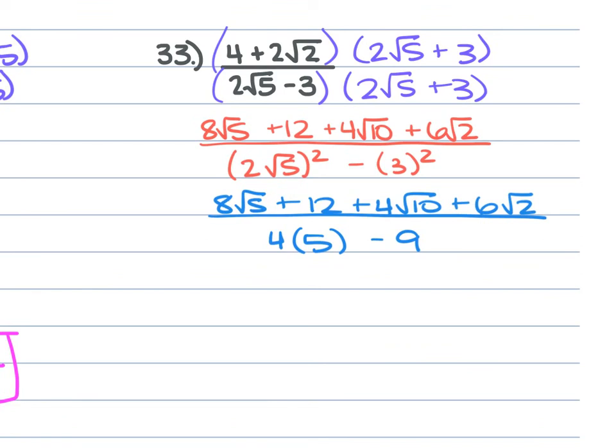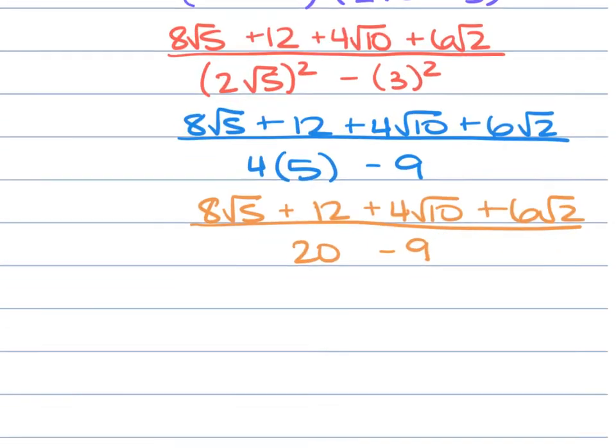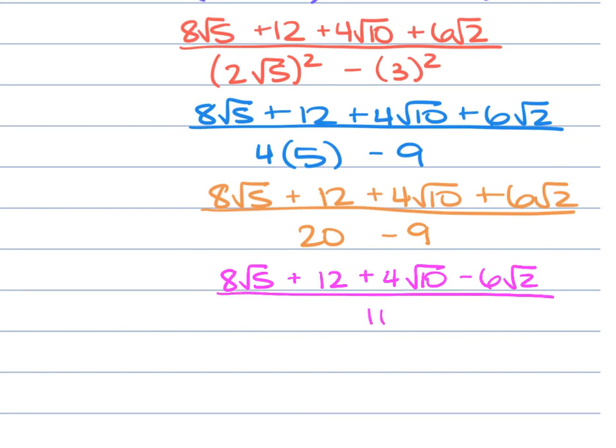The 4 times 5 is 20, so 8 square root 5 plus 12 plus 4 square root 10 plus 6 square root 2 all over 20 minus 9. Our final answer for this one is 8 square root 5 plus 12 plus 4 square root 10 minus 6 square root 2 all over 11.